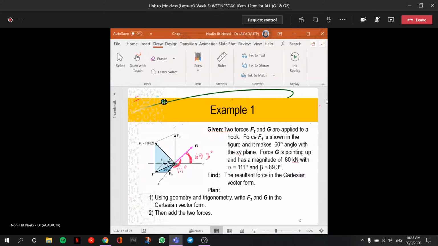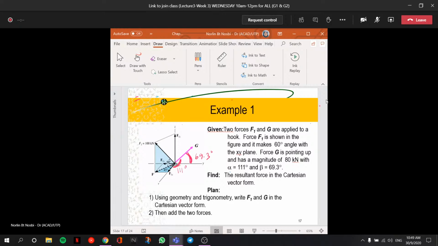Okay, you need to find the angle, the gamma first. So how to find it? Make sure you refer back to the formula.